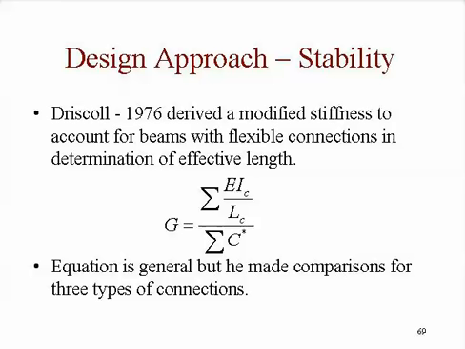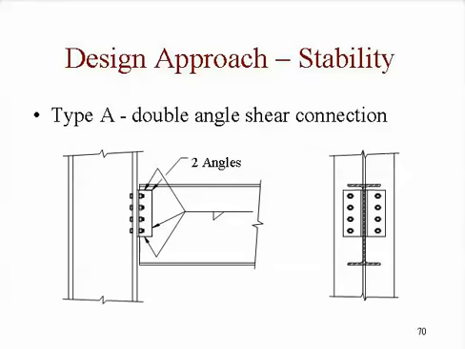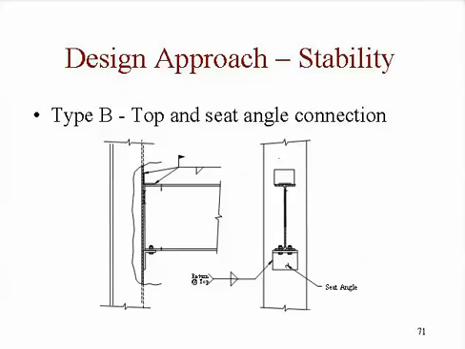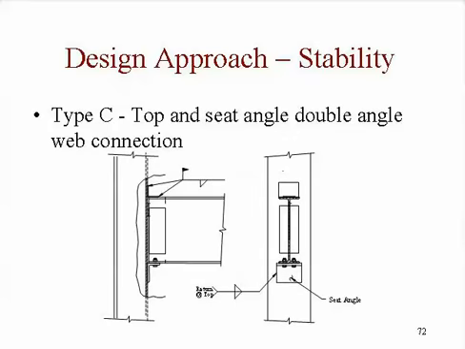And he looked at 3 types of connections: type A, which is just a double angle connection; type B, which is a top and seat angle connection; and type C, which is the top and seat angle connection with the web connection.